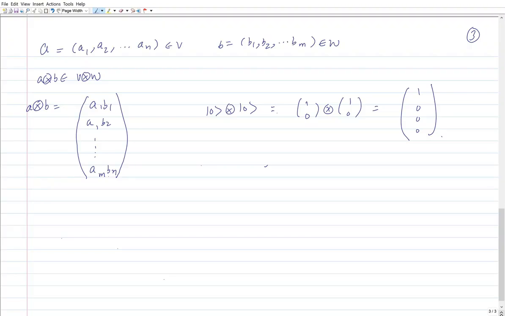This is going to be an n into m dimensional column vector.